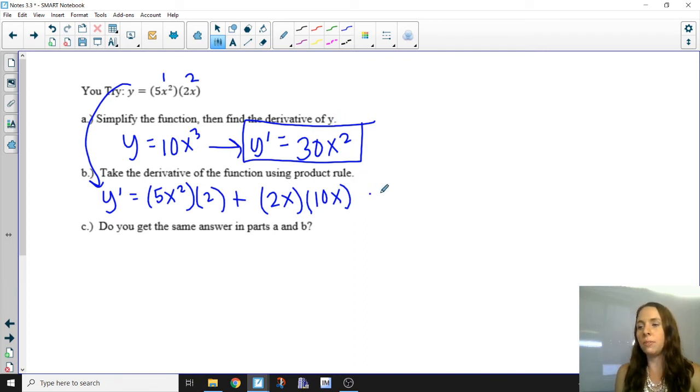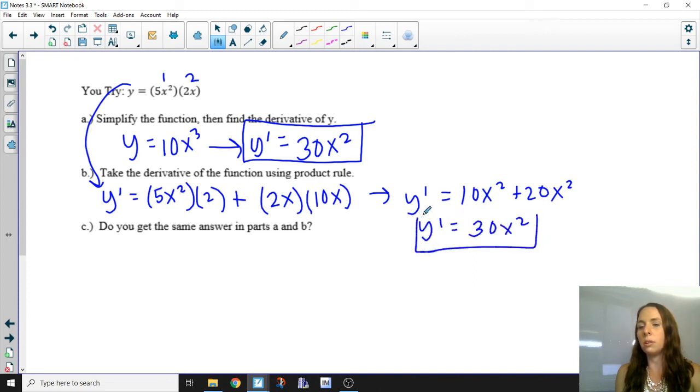Well, if we simplify, we will, right? 5x squared times 2 is 10x squared. 2x times 10x is 20x squared. And that does become 30x squared. So yes, we got the same answer.